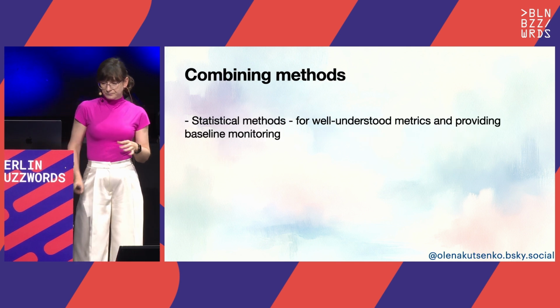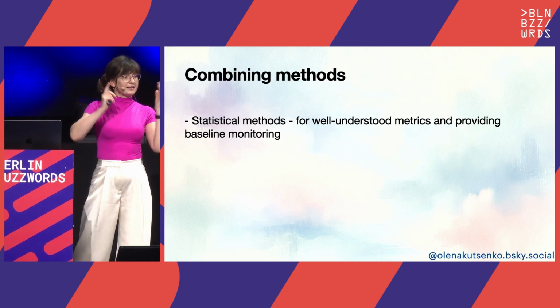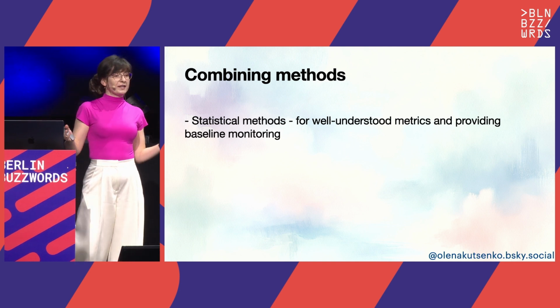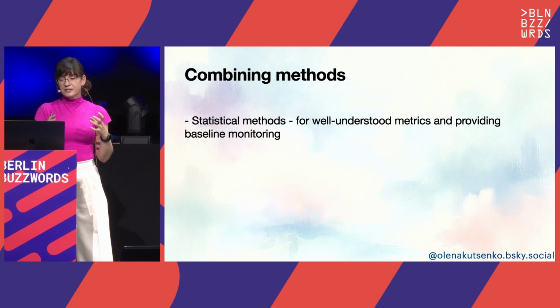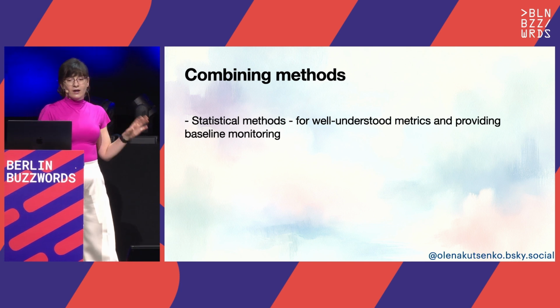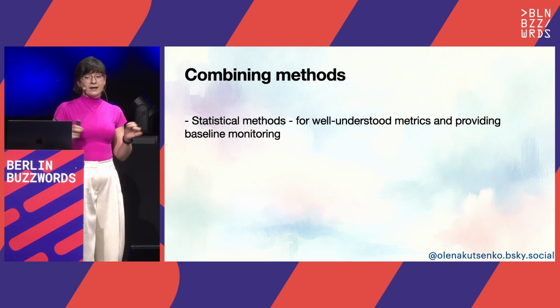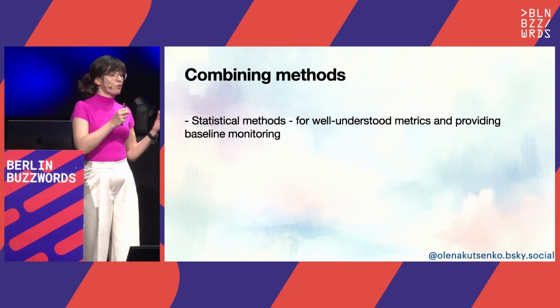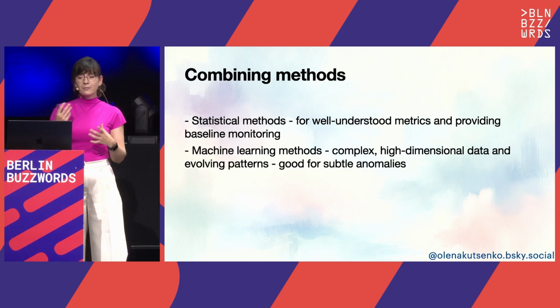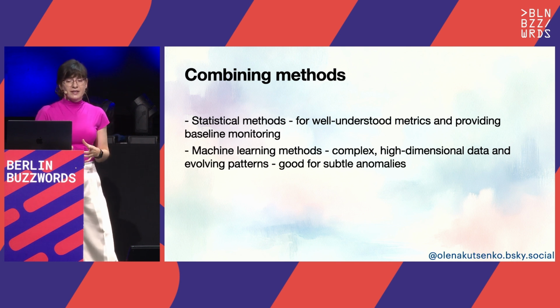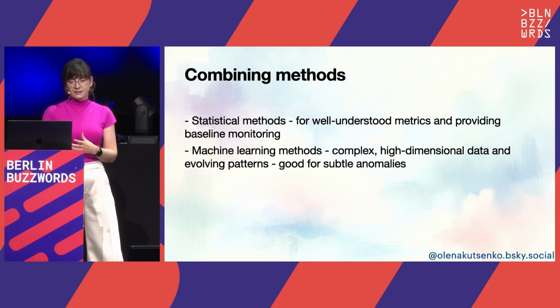And overall, both approaches, statistical and machine learning, play important roles, and they are often complementary. Statistical models are quite simple, perfect for well-understood metrics, and they provide the baseline monitoring which you want to get. Then machine learning methods like clustering, classification, whatever we have, can handle more complex use cases.